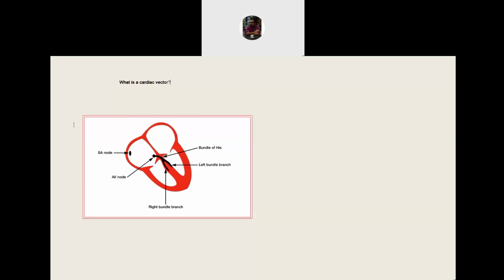When current is first generated in the heart, from the SA node, the current moves towards the AV node. So this is the first current that is generated. If I label this as P, because it represents the P wave, we will see that later, the P vector represents the atrial depolarization vector.